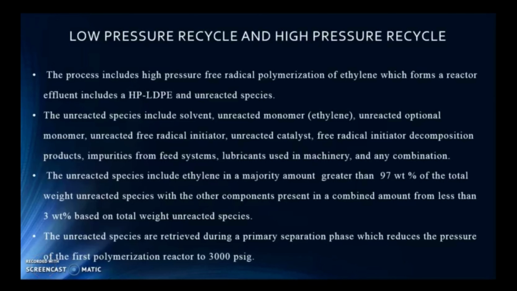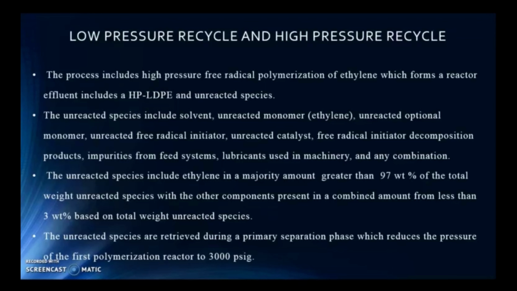Okay, next for low pressure recycle and high pressure recycle. This process includes high pressure free radical polymerization of ethylene, which forms a reactor effluent that includes high pressure LDPE and unreacted species.